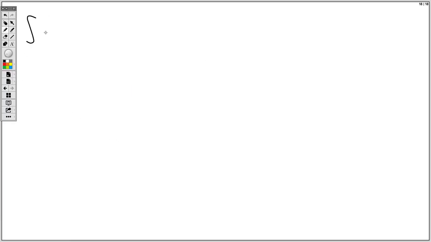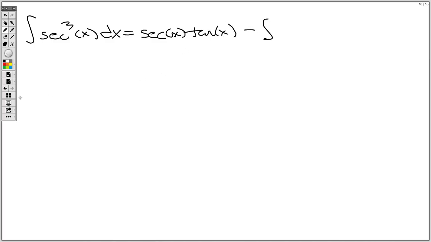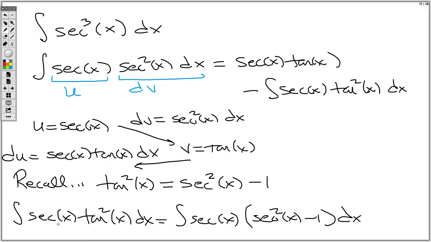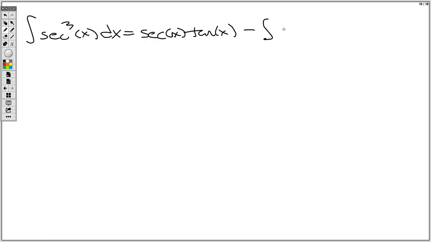So putting this all together, I've got the integral secant cubed x dx equals secant of x times tangent of x minus the integral of secant x times tangent squared x, but that's going to be secant x times secant squared x minus 1.